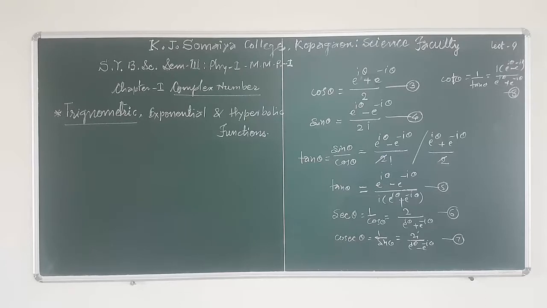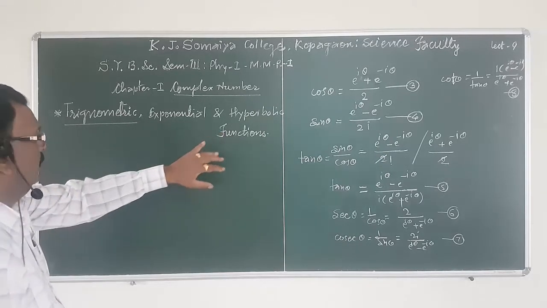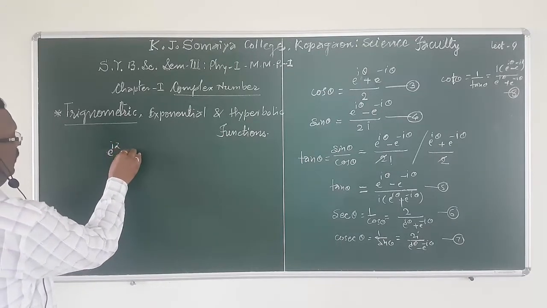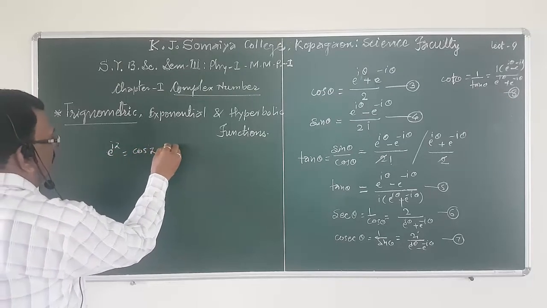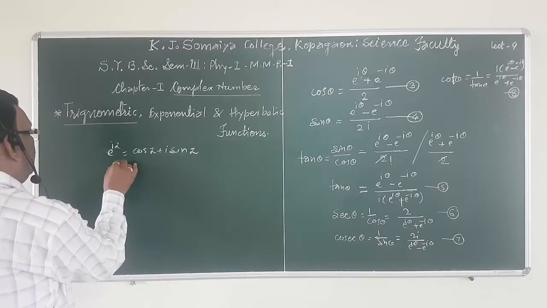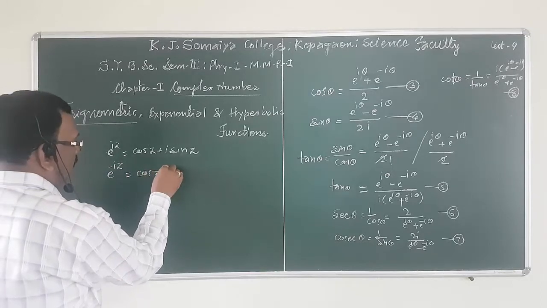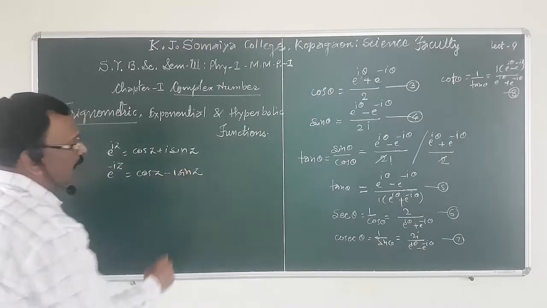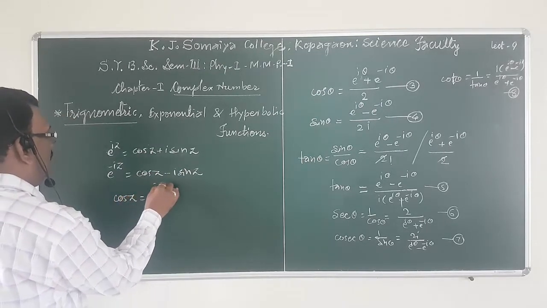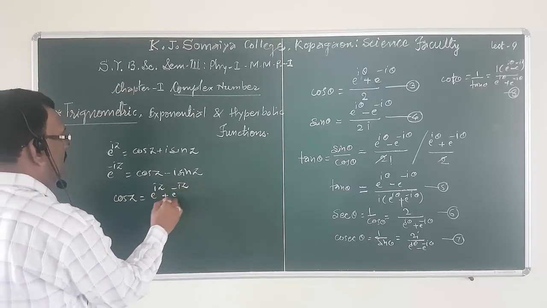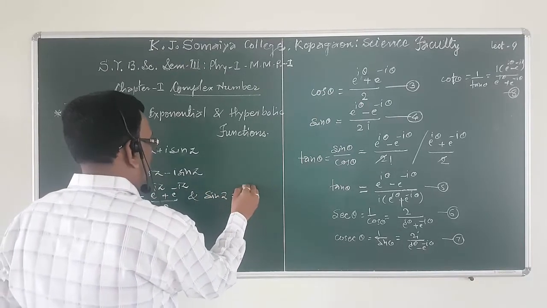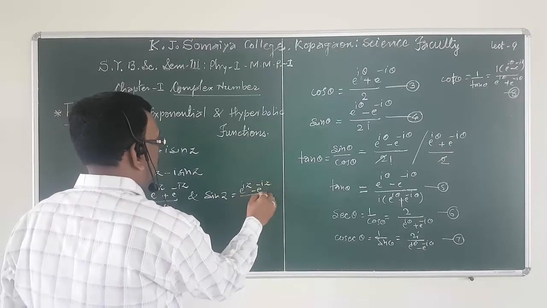In hyperbolic function, again consider e raised to i z is equal to cos z plus i sin z, and e raised to minus i z is equal to cos z minus i sin z, from which we have cos z is equal to e raised to i z plus e raised to minus i z upon 2, and sin z is equal to e raised to i z minus e raised to minus i z upon 2i.